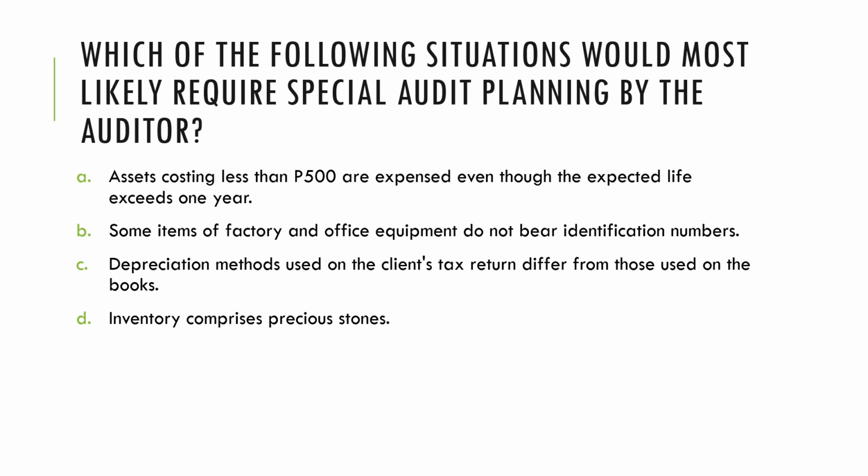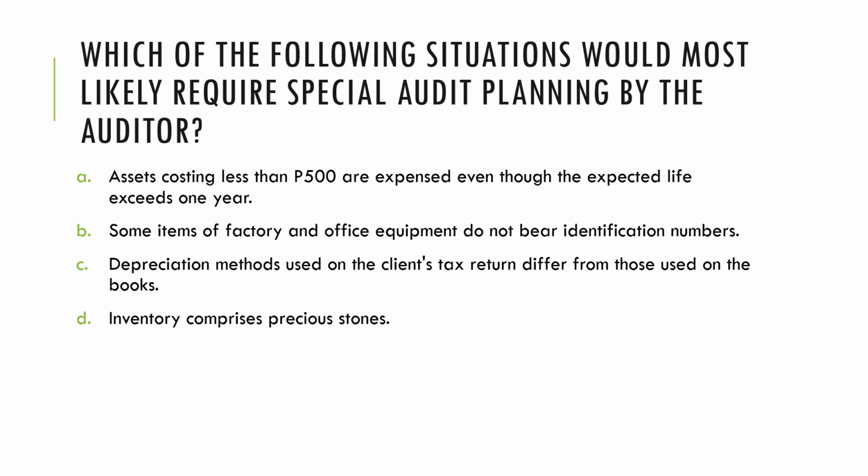Letter B, some items of factory and equipment do not bear identification numbers, and while letter B represents a control weakness, this does not necessarily require special audit planning. Letter C, depreciation methods used on the client's tax return differ from those used on the books, and again, this is something that the auditor expects to reconcile and does not require special audit planning.